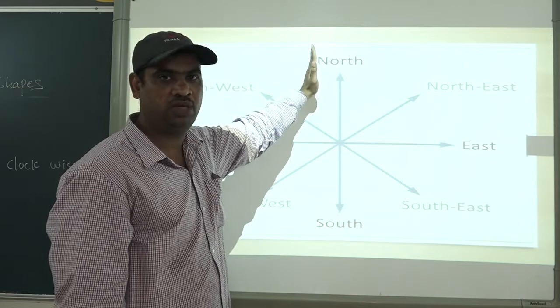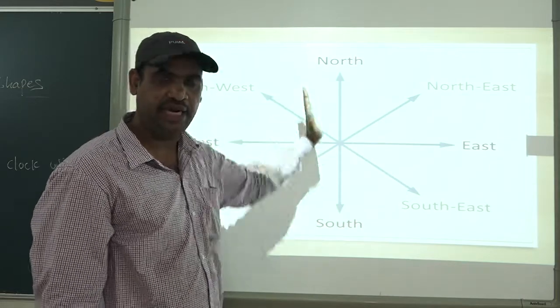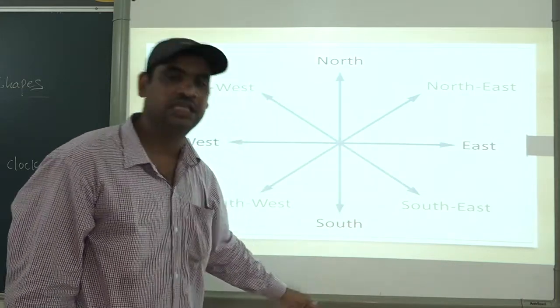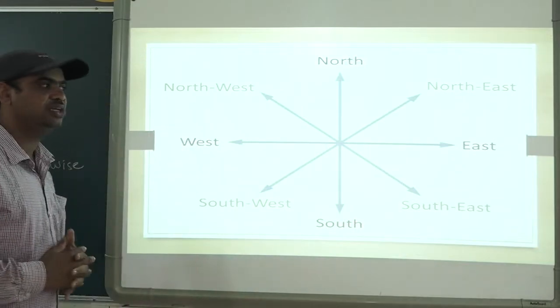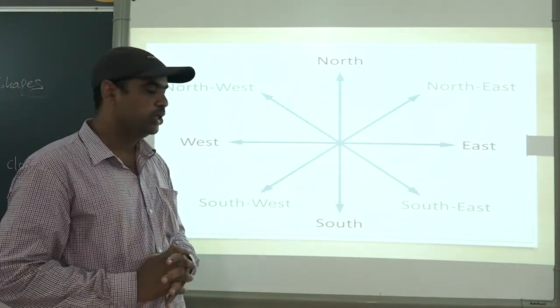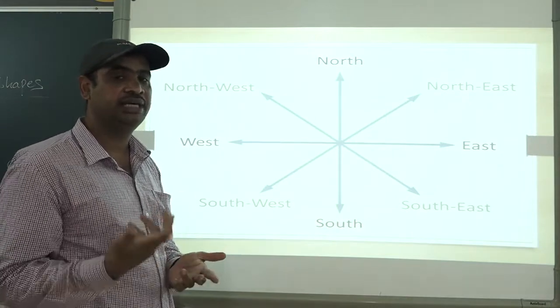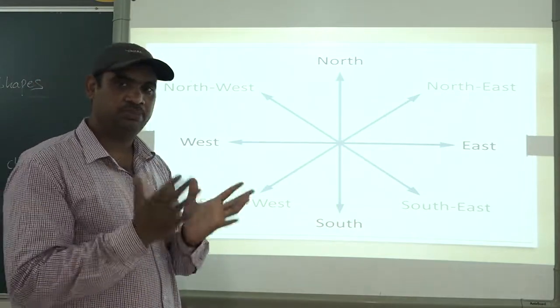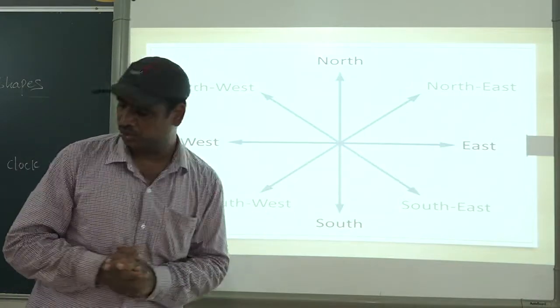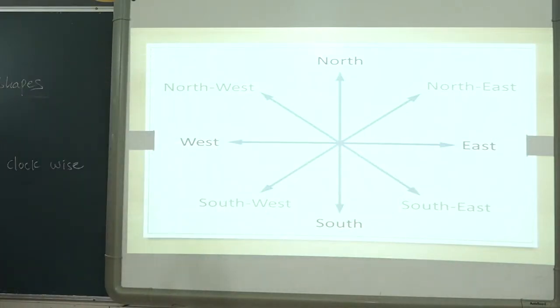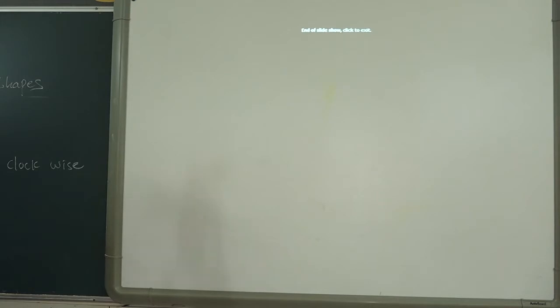So north will always be on the upper side and the opposite of that will of course be south. So these are the different zones that are shown on the map. Study those zones carefully and try to find out which countries and which parts of the map are shown in which direction. That will be helpful to you.